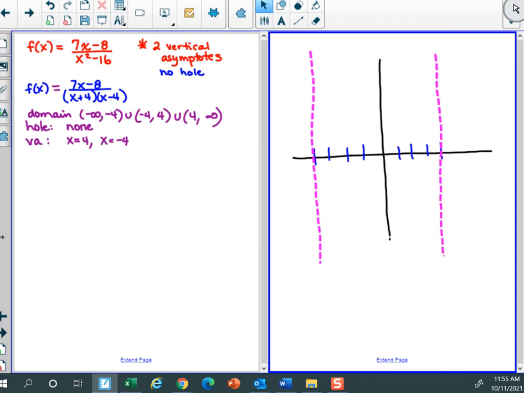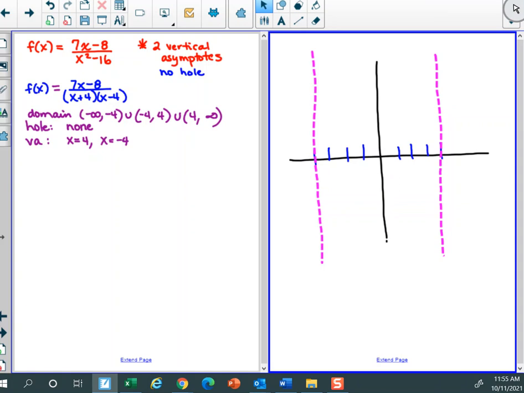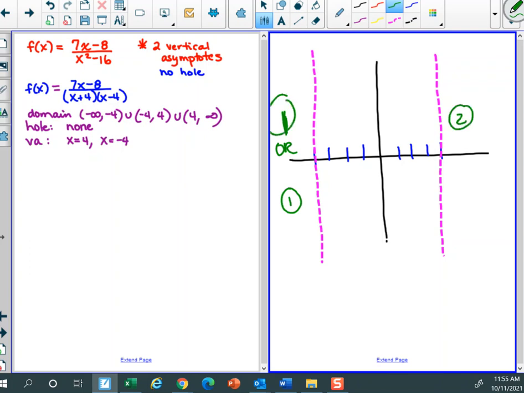So one of the vertical asymptotes at 4, one of the vertical asymptotes at -4. And so the graph is going to consist of 3 sections. Either one piece up here or one piece down here, one piece over on either side, but then the middle part is the part that's a little different. Okay.